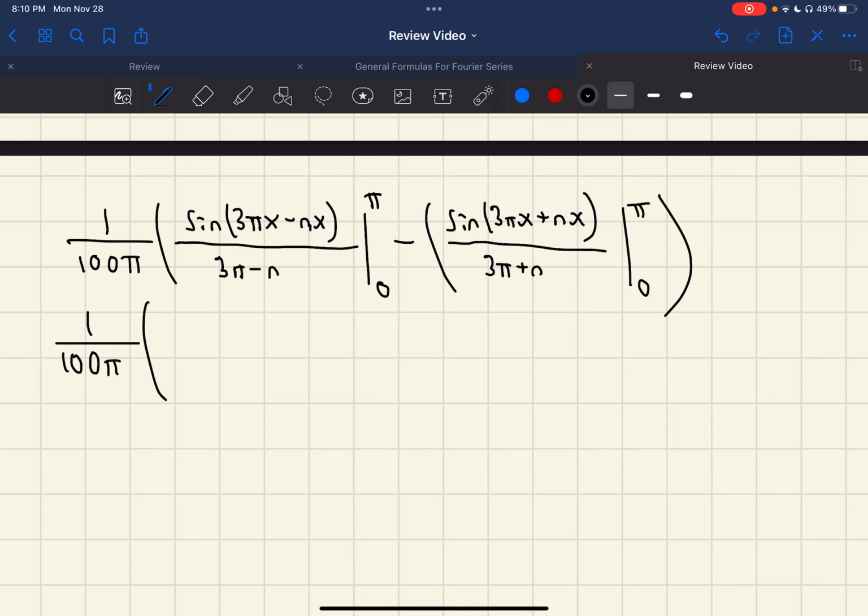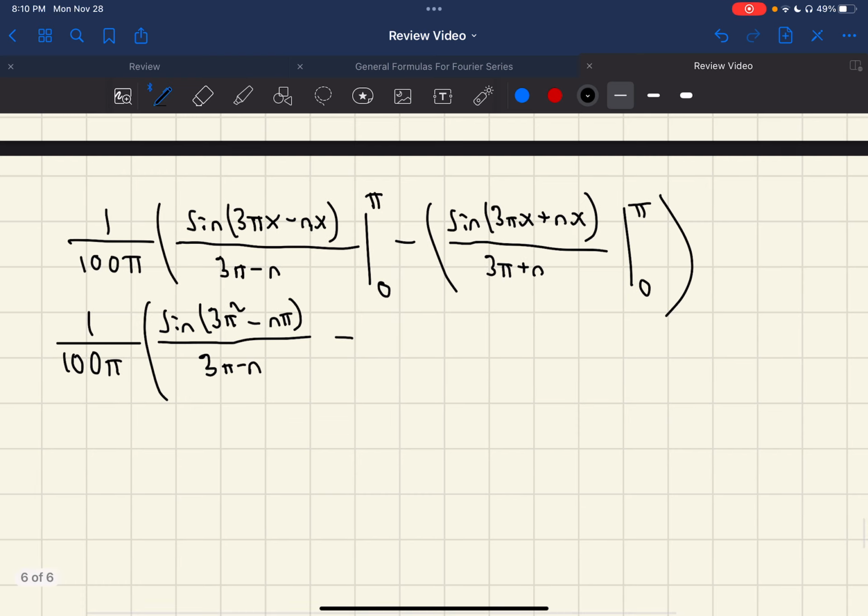Yes, we're left with sine of 3 pi squared minus n pi. If you want, within this sine function you could factor out the pi, but I'm just going to leave it like that because it's easier. When you plug in 0, the whole thing is 0.